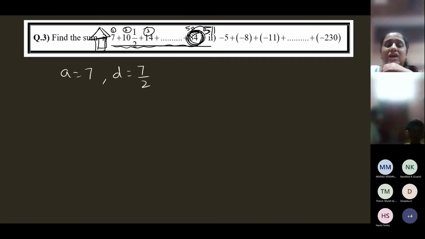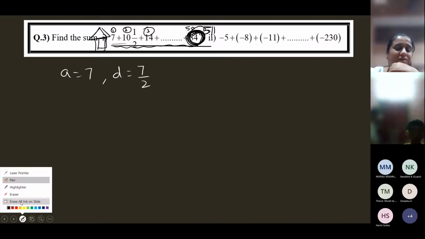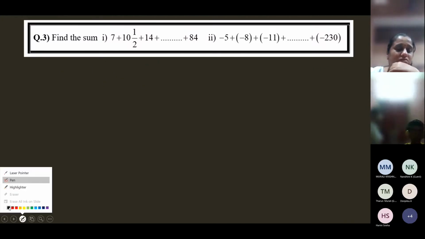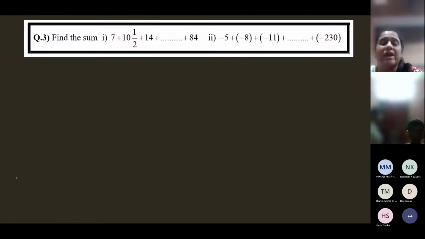In the same way, if you go to 84 and ask its position, and if 84 is in the 50th place, that means there are 50 terms in this AP. So to know n, you should go to the last term of the AP and ask that number its position.